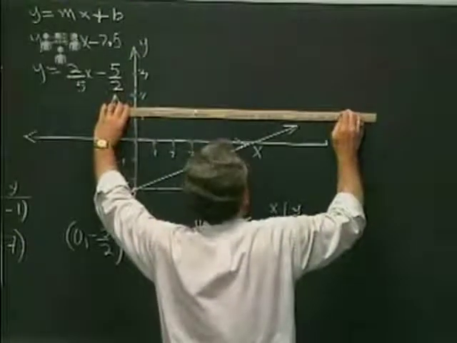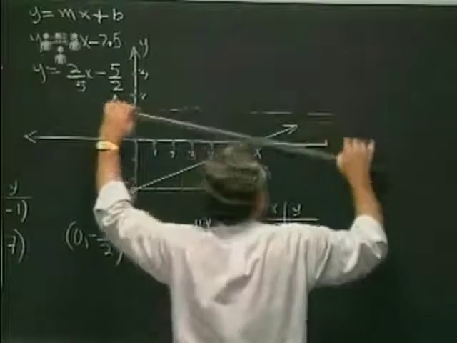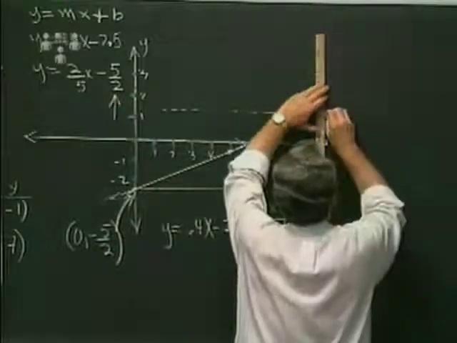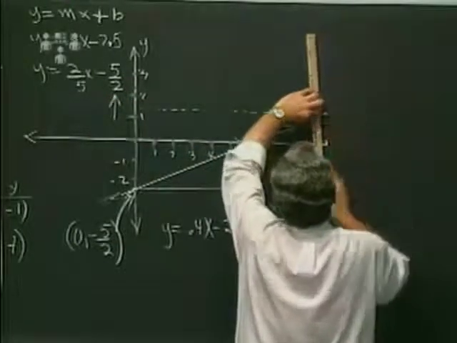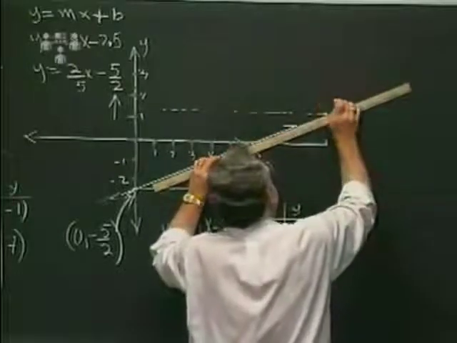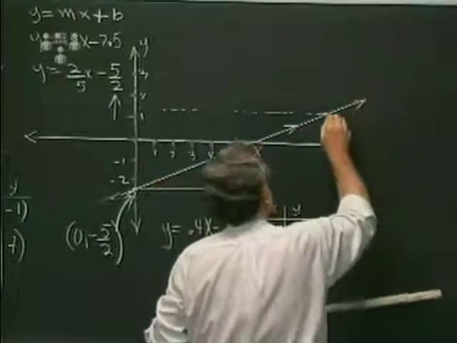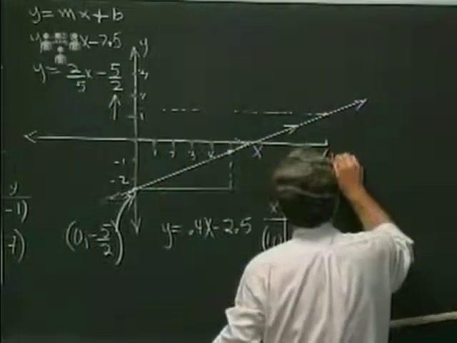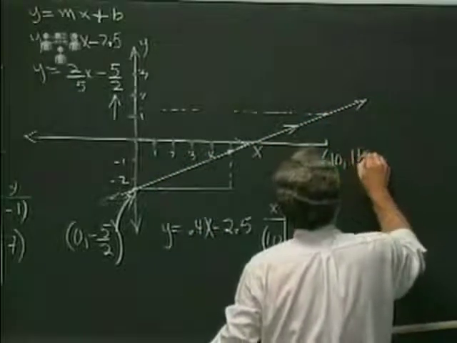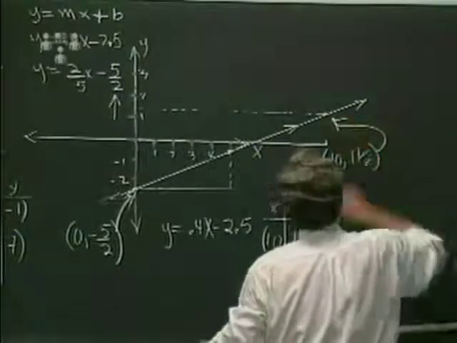And this was at 1, and so that's at 1.5. Okay, and if I extend my line, pretty darn close. So this was the pair 10 comma 1 1/2 that I had for this point right there.